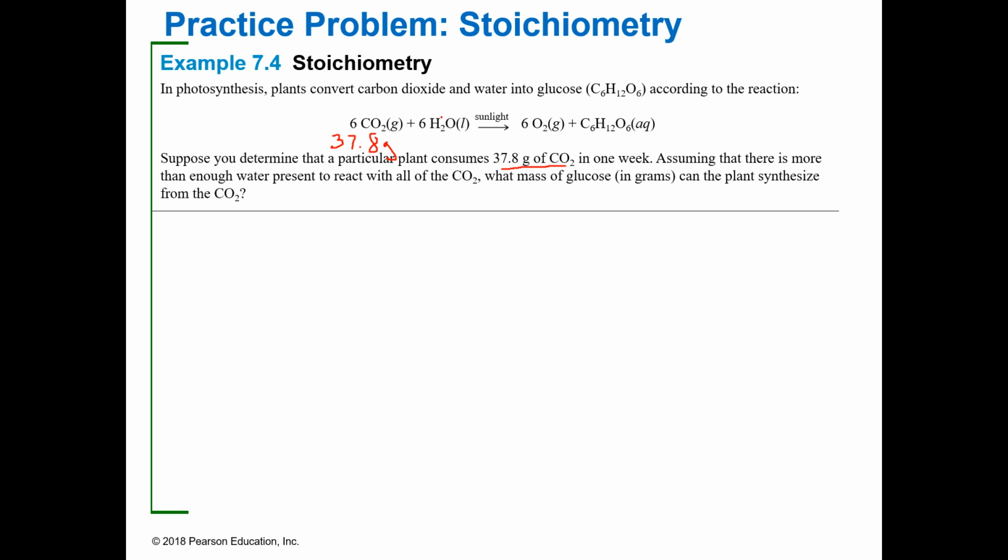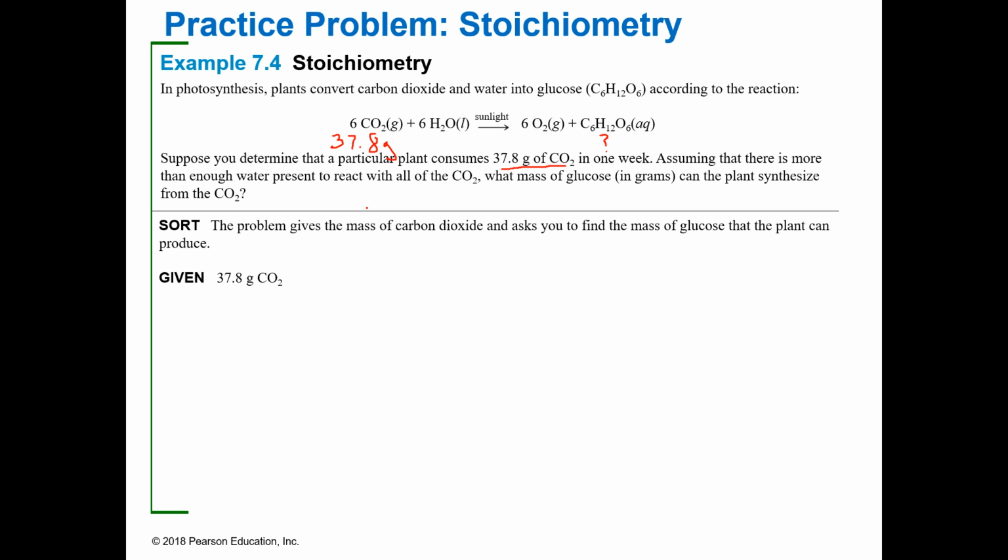Assuming that there is enough water, what mass of glucose will be formed from this being consumed? So I want to go from grams of carbon dioxide to grams of glucose. Same pattern. We're going to go from grams of carbon dioxide to moles of carbon dioxide, from moles of carbon dioxide to moles of glucose, and then from moles of glucose to grams of glucose.